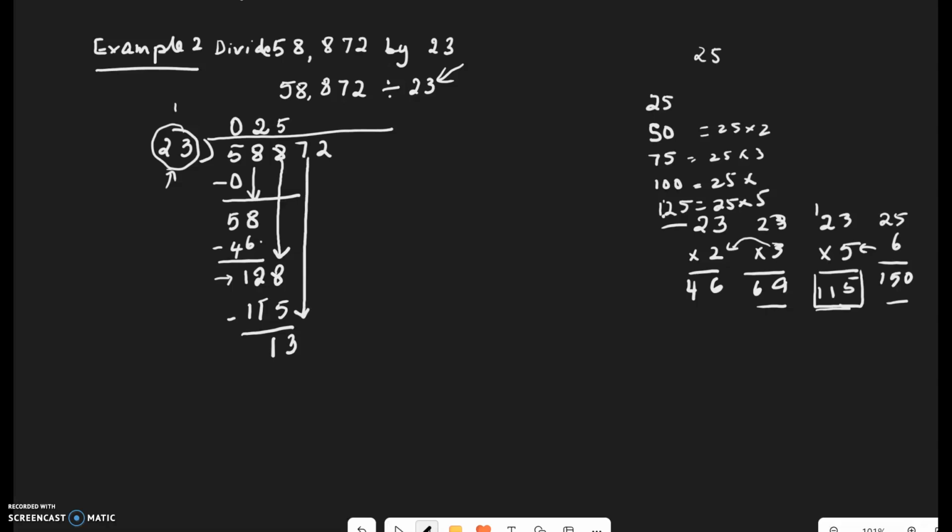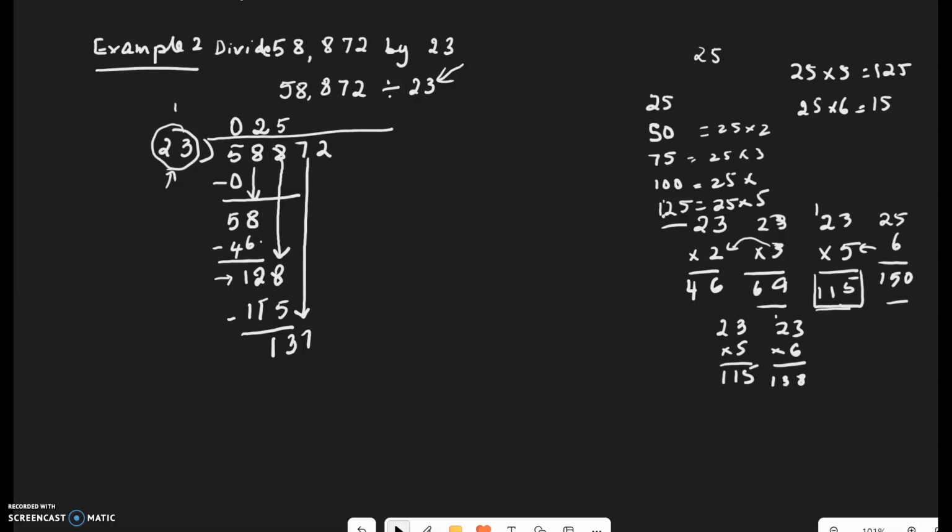Immediately bring the next digit down. 137. So 25 times 6 is 150. 25 times 5 is 125. So let's try 23 times 5, which is equal to 115, and 23 times 6 is equal to 6 threes are 18, 6 twos are 12, 13.